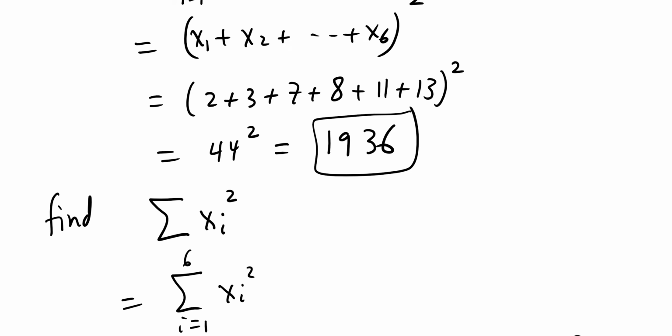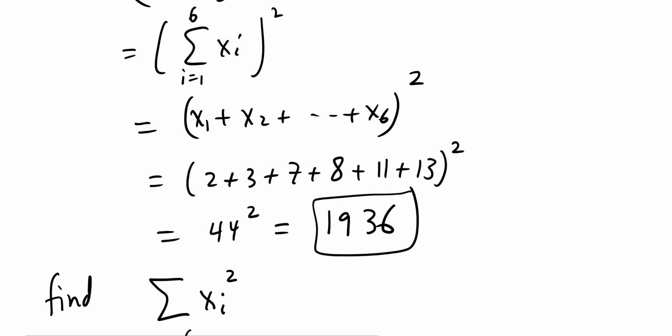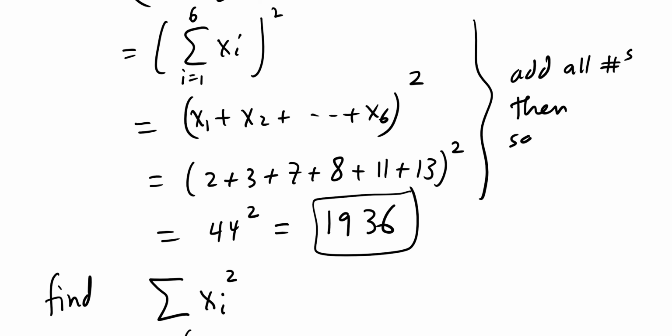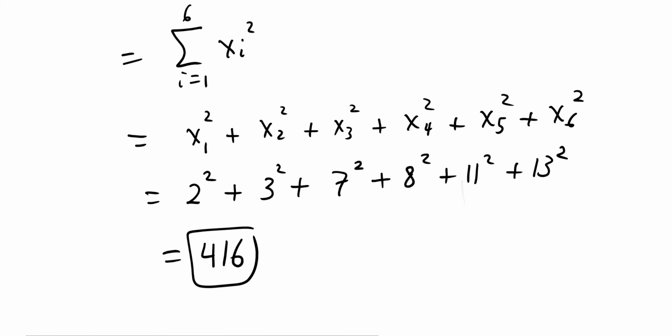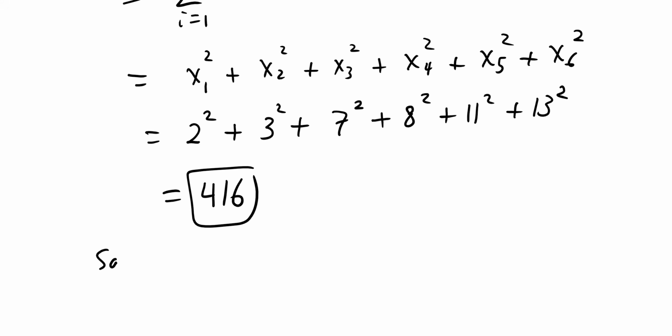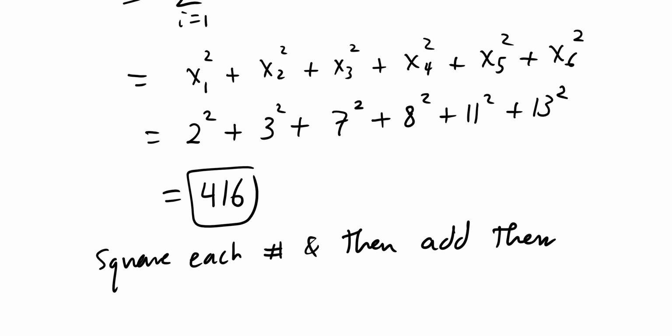In this one, we add all the numbers or observations, then square the result. Here we square each number and then add them up.